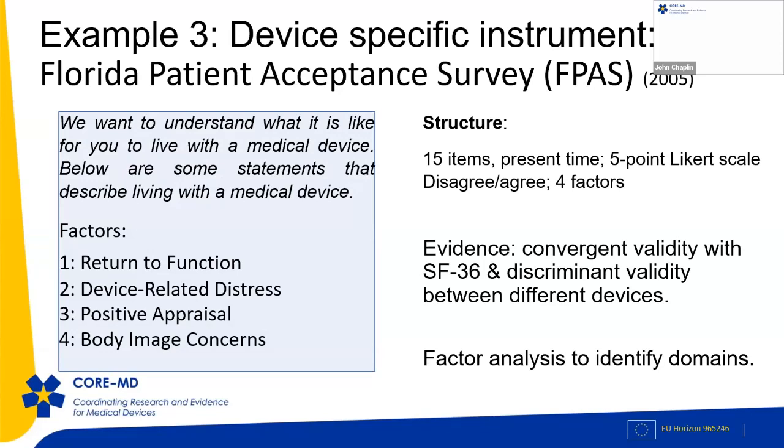It also has convergent validity with the SF-36, and these 4 factors are return to function, device-related distress, positive appraisal, and body image concerns. This was the only questionnaire that we found in the data that we looked at that was also looking for information about body image or appearance issues that might emerge.